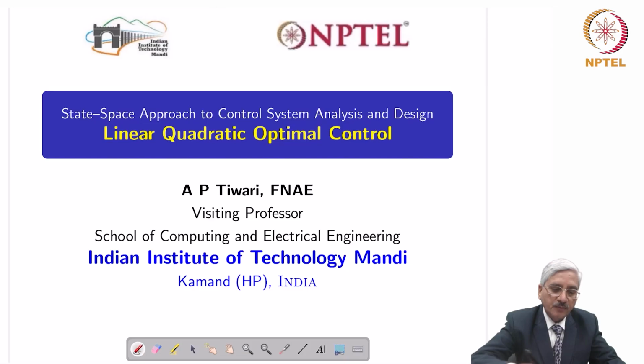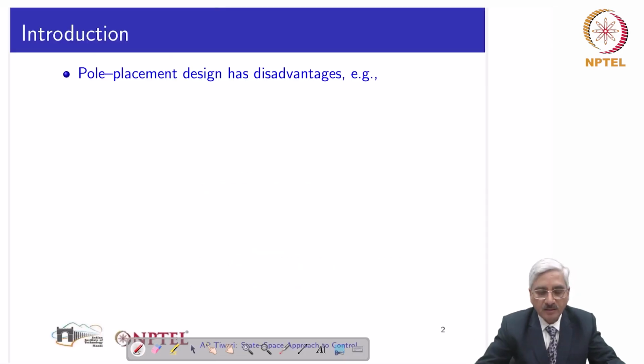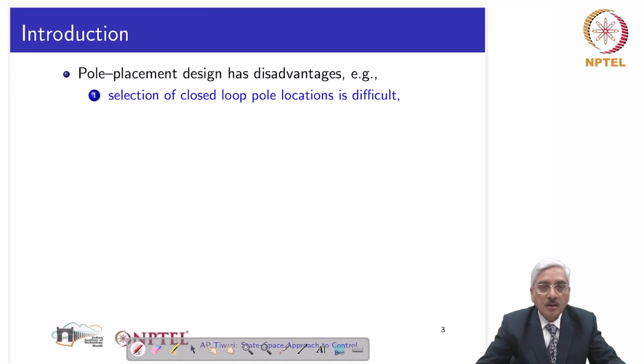However, there are a few drawbacks, a few disadvantages, in that method. Selection of closed loop pole locations is very difficult. Even though we say that poles should be placed so that the coefficients of the desired characteristic equation are met, we do not know what the desired coefficients should be.